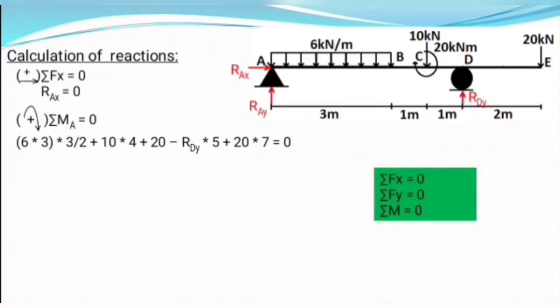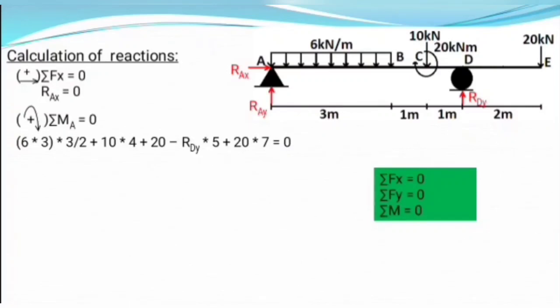But you can see here we have taken this moment due to RDY as negative, because you can visualize here that it tends to rotate the beam in anti-clockwise direction, while all other forces and moments tend to rotate the beam in clockwise direction. So all other forces are giving clockwise moment about point A, but this reaction force RDY is giving anti-clockwise moment about point A, so it is taken as negative.